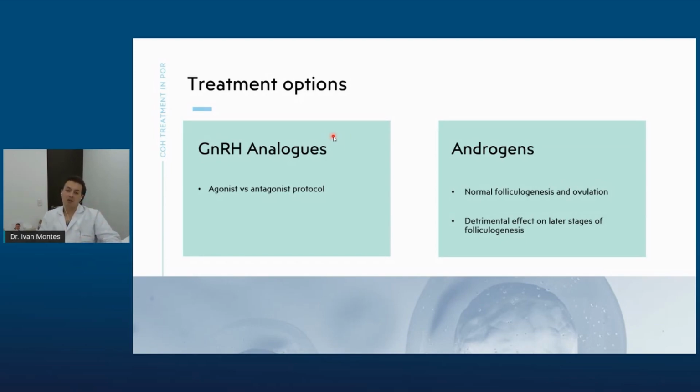So a lot of articles, a lot of specialists recommend the treatment with androgens before the beginning of the treatment with the hormones or the gonadotropins during the ovarian stimulation cycle.